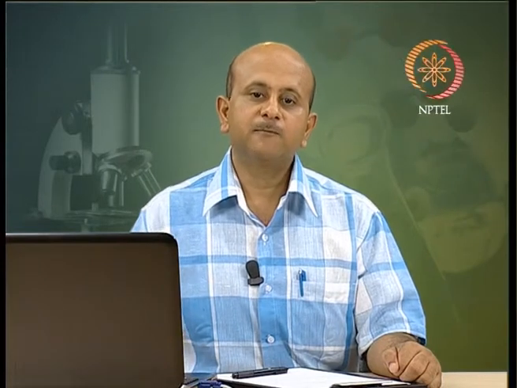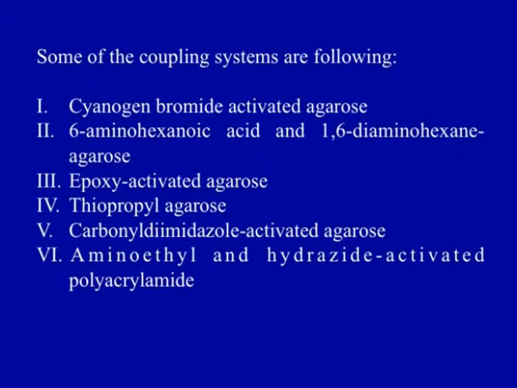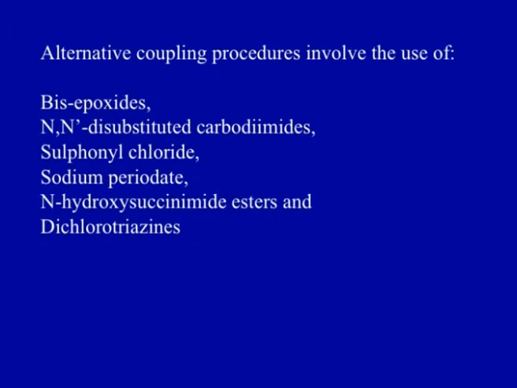So, the chromatographic run might not be proper. To avoid this problem, carbonyl diimidazole could be utilized rather than CNBr. Then there are aminoethyl or hydrazide activated polyacrylamides which could be utilized for coupling, and a lot of alternative coupling procedures are available.